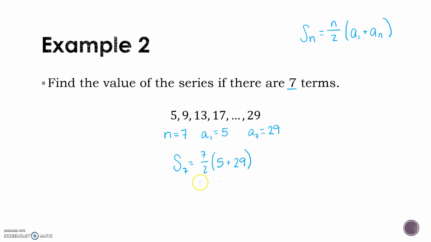This gives us 7 over 2 times 34, so we would have 119. So if I wrote out all of these terms plus the couple that are missing in here and added them together, I would get 119 as my answer.